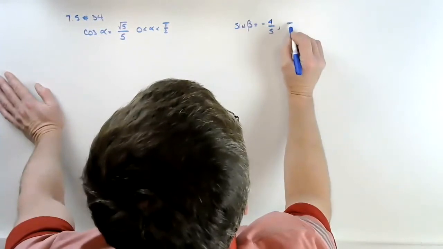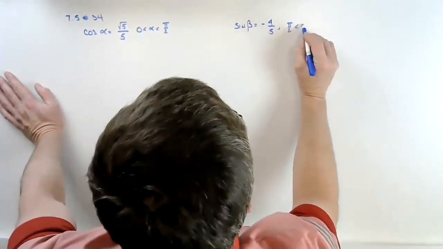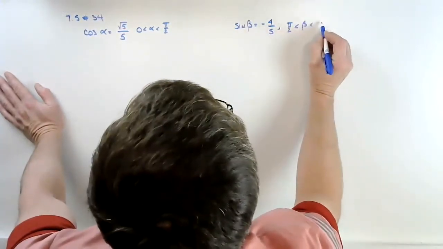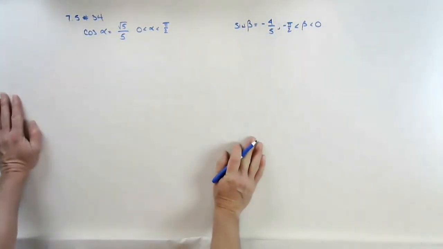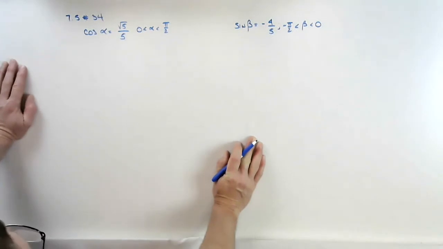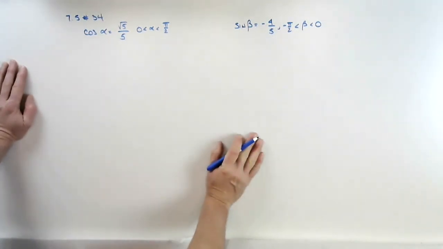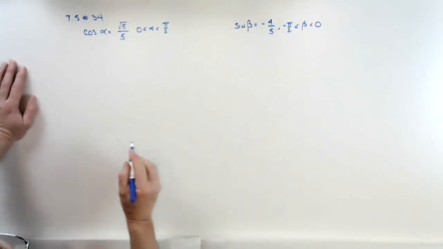And we're given that negative pi over 2 is less than beta is less than 0. Now, they want us to find our identities. And there's a part A, a part B, a part C, and a part D. I'll do part A and I'll do part D, okay, on the video.